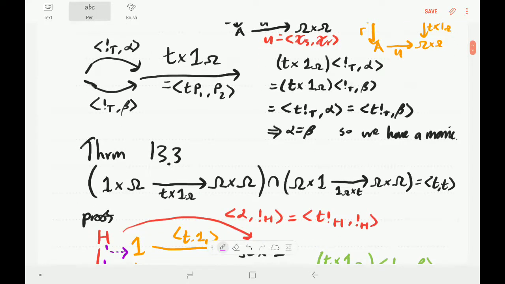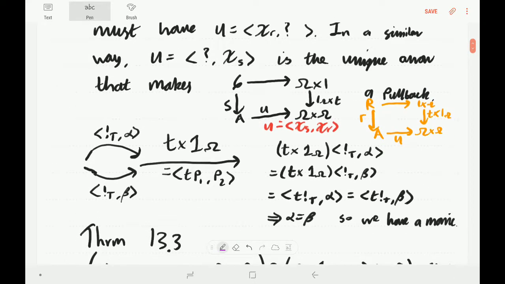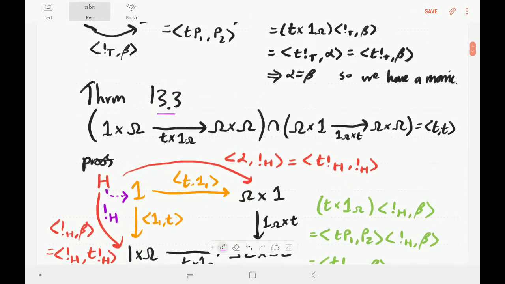Next result, this is theorem 13.3, is that the intersection of this generic pair of subobjects is t comma t.